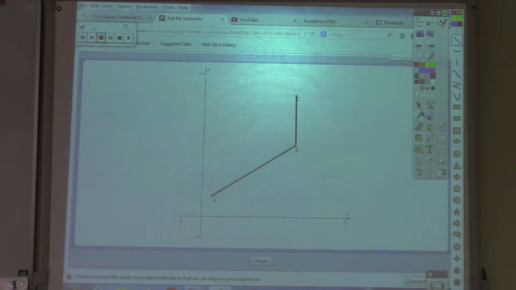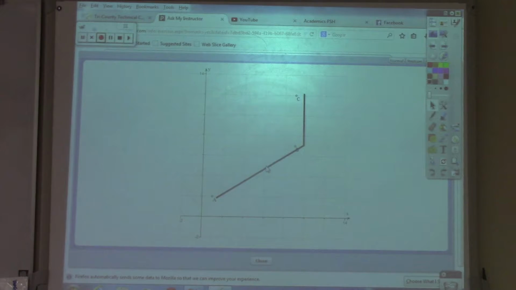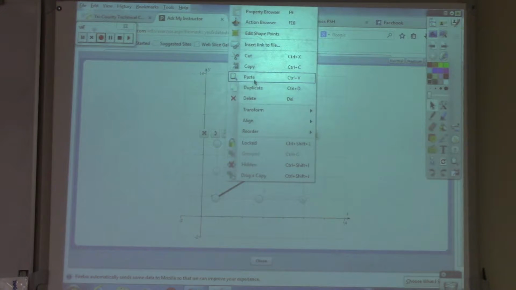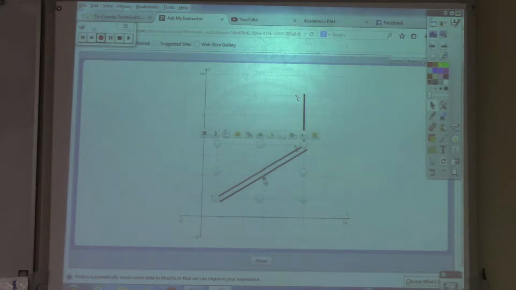And then we're going to copy this guy, and we're going to paste. It's going to make two. There we go. And bring this up here like that.